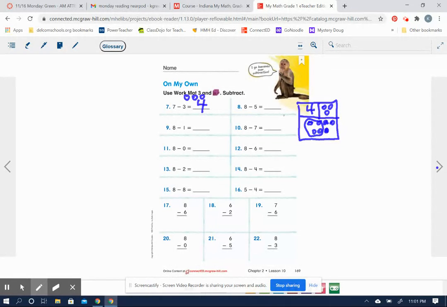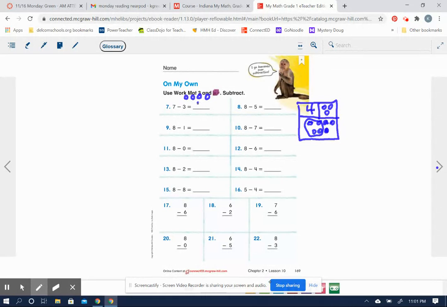Okay, and one more strategy, one more way. Let me erase this. With subtraction, you've got a missing number. Start with a smaller number, count on, and stop at the big number. So now you put 3 in your head and you count on. What's after 3? 4, 5, 6, 7.